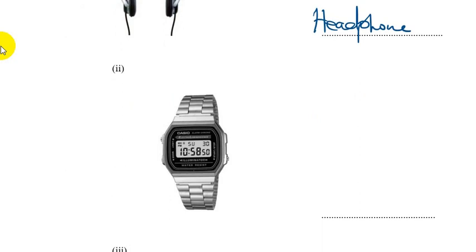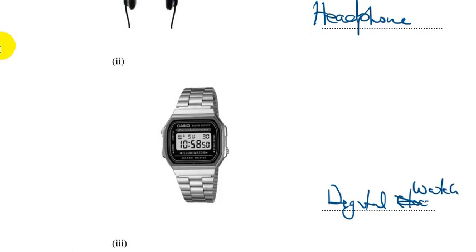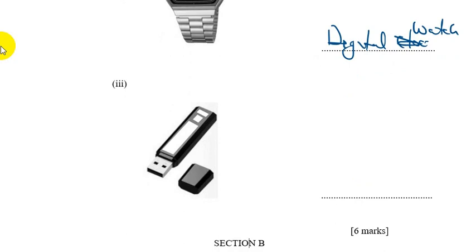If you say wristwatch, you are not specific, but you said digital because this is a digital type of clock. We have analog and we have digital. Okay, it's not a clock, it's a watch. Then this one is also a pen drive. Okay. So that is it.